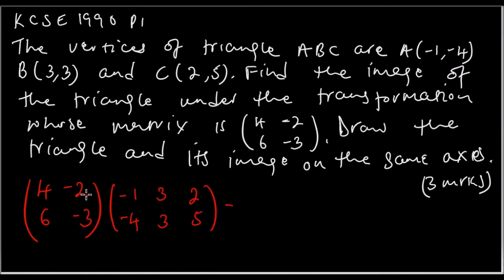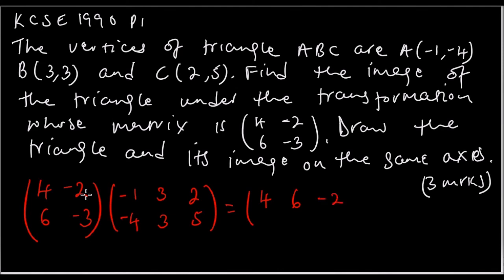So you multiply. 4 times minus 1 is minus 4. This will be 8, so that when you add, you get 4. This is 12 minus 6, that will give you 6. This is 8 minus 10, and that will give you minus 2.